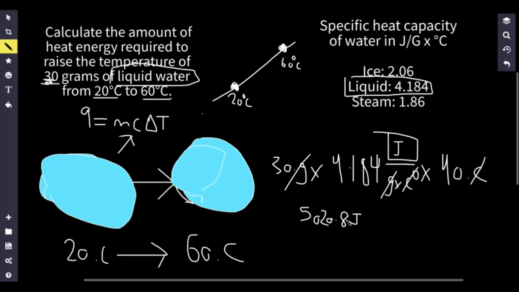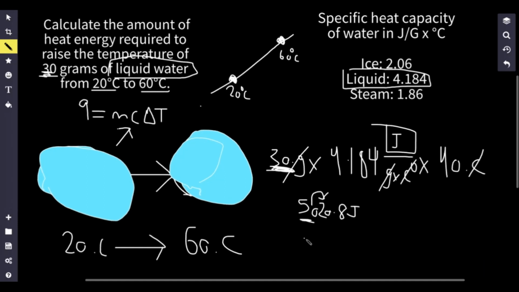But we have to remember to round to the correct number of sigdigs. In this case, take a look at the one with the least amount of sigdigs, which is the 30. So I'm going to care about these two digits. Take a look at the next term. Our answer is going to be, we're going to write this in scientific notation, actually, for this problem, 5.0 times 10 to the third power joules.